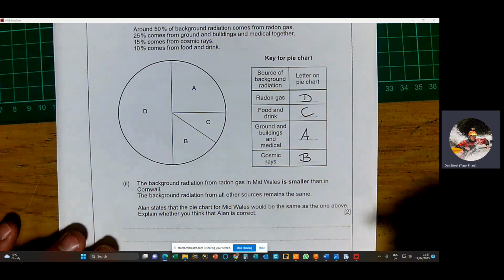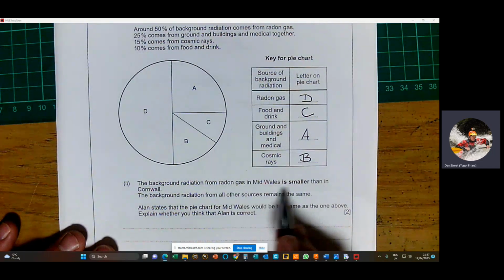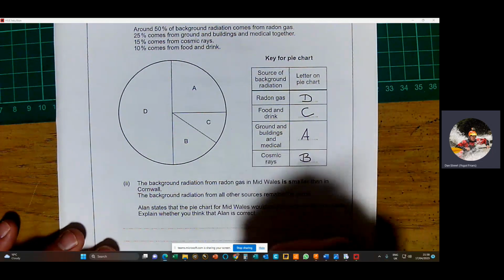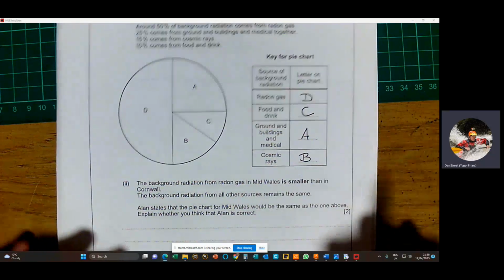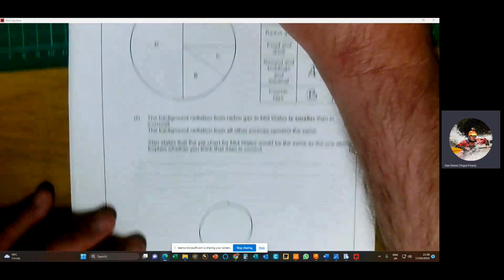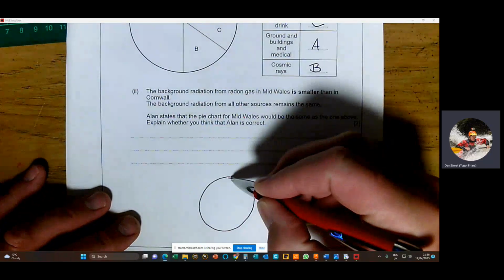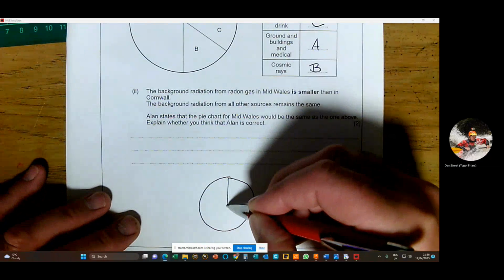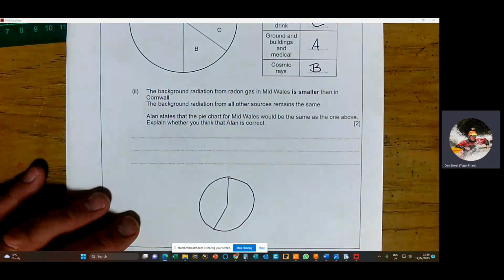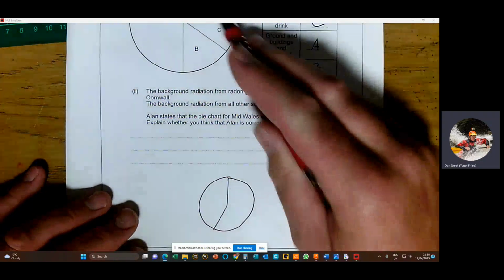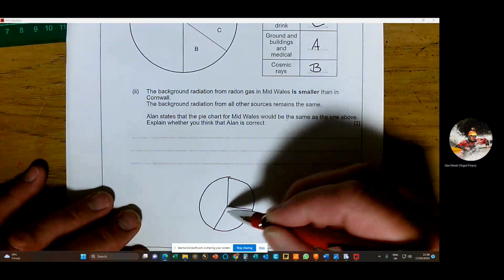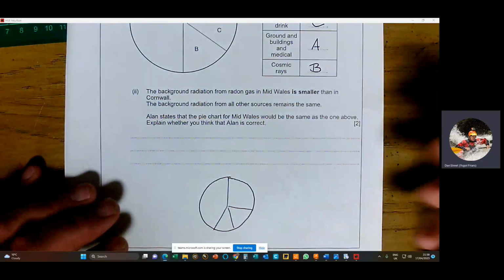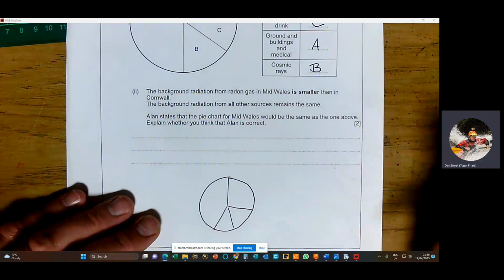Okay, so if the background radon gas in Mid Wales is smaller than in Cornwall, and if we had a pie chart of that, then the amount due to radon gas would be less than 50%. It might look something like that. And then proportionally, the other three would look something like that. Okay, so Alan sadly is wrong.